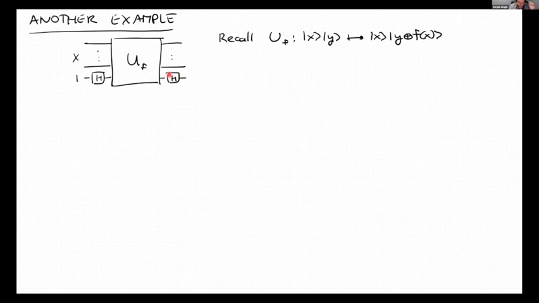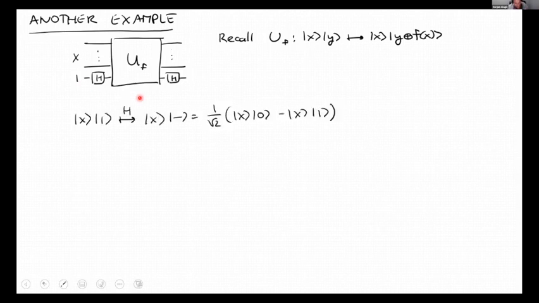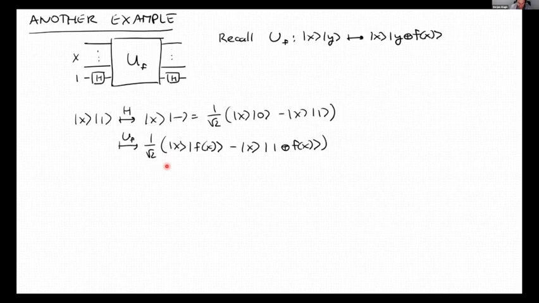And of course, I've also allowed myself Hadamard gates, so I can write down this kind of circuit here. So let's see what that does. It maps ket x, ket 1 to ket x and ket minus. That's just this first Hadamard. Writing that out, that's just the state. And UF just acts on the basis, so we get x, f of x minus x, 1 XOR f of x.